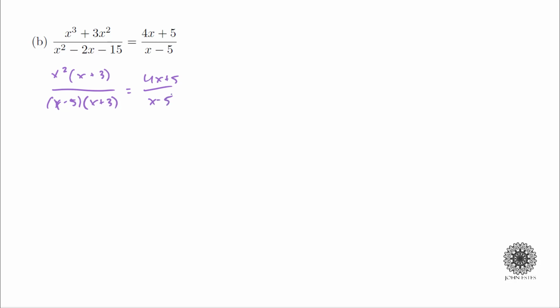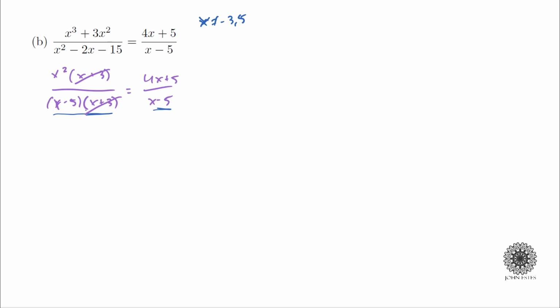On this other side, I have 4x plus 5 times x minus 5. Okay, now, one thing we should point out is it could be a domain issue here. We can't have zeros in the denominator, so we need to make a note here that x cannot be negative 3 and 5. Those are not possible solutions. Alright, now continuing, what I notice first of all is that the x plus 3's cancel out.